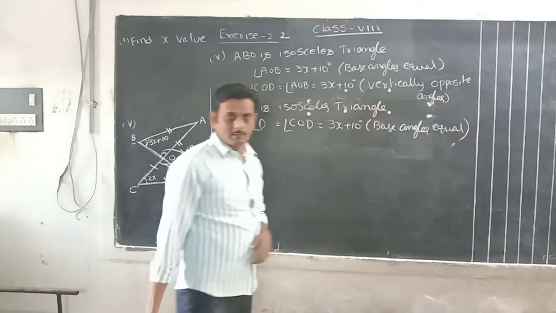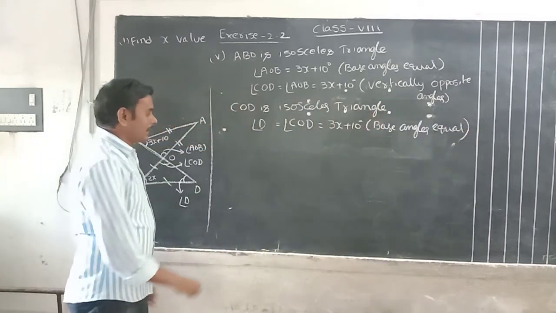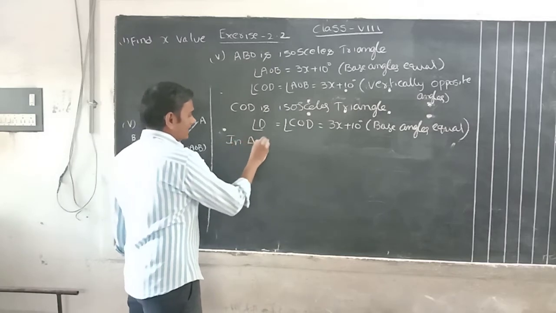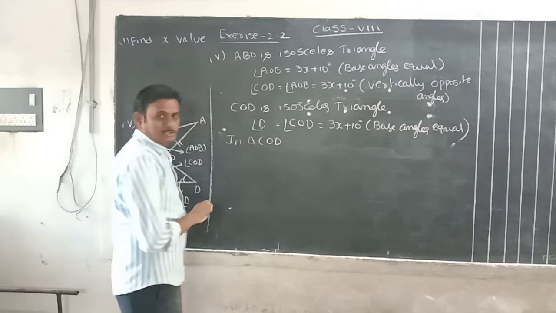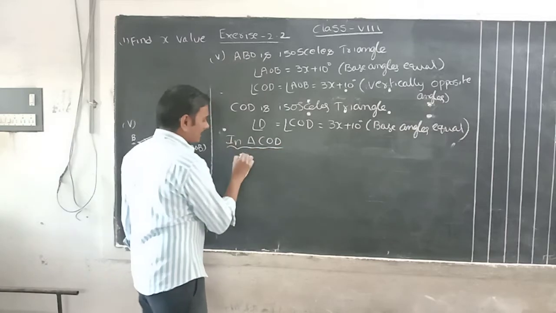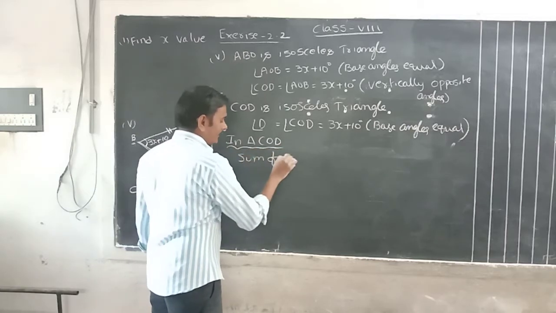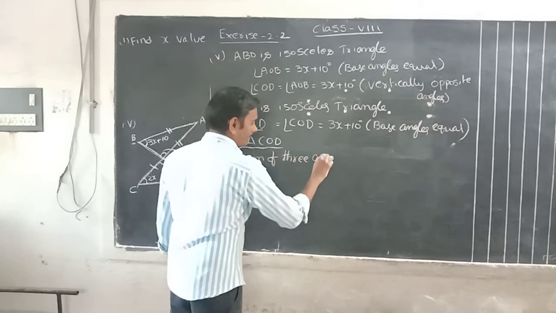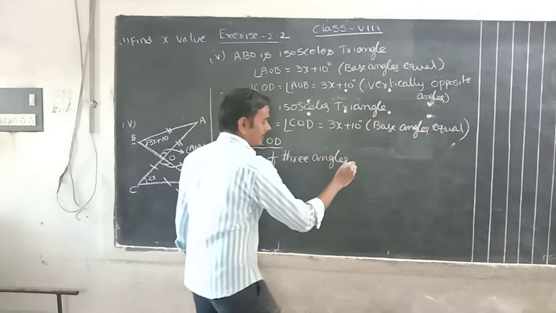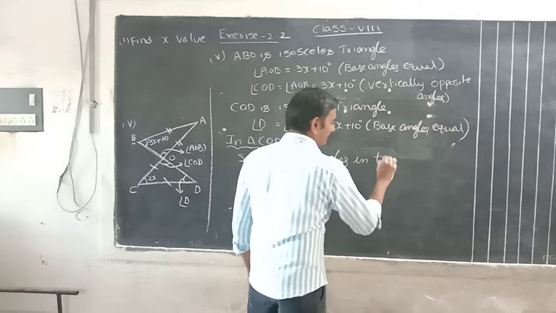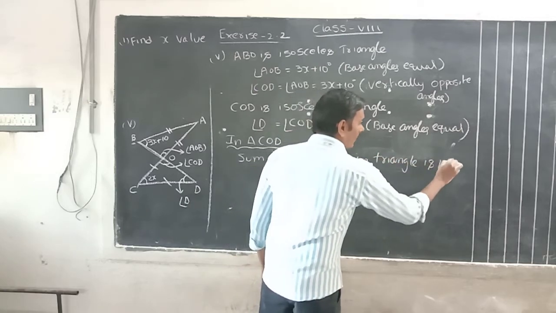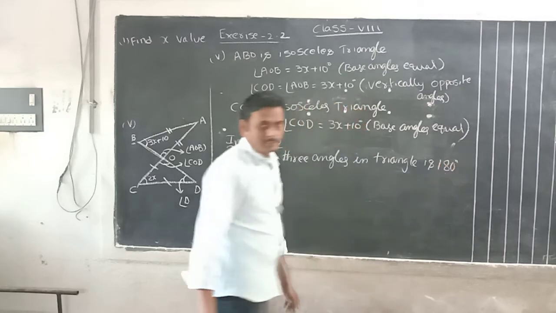Now in triangle COD, the sum of the three angles in a triangle is 180 degrees. The triangle sum property is applied.